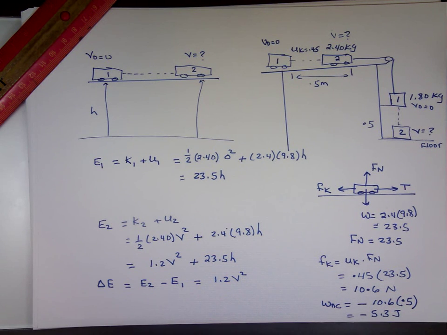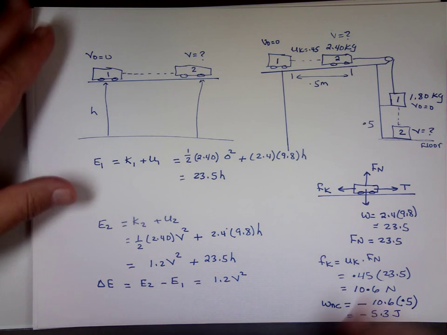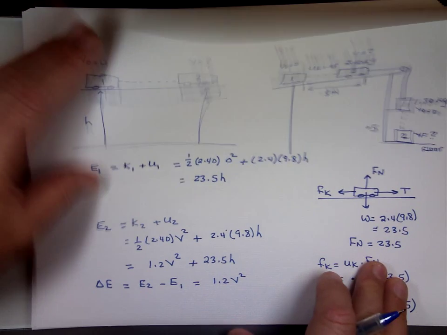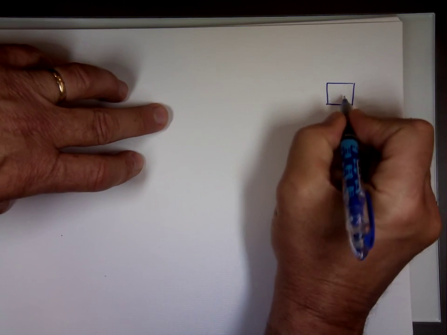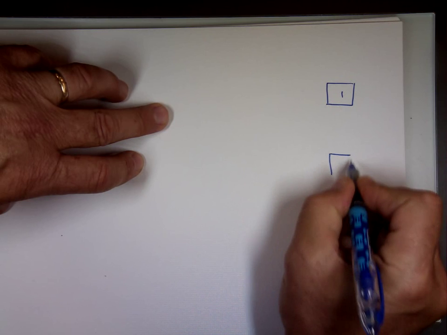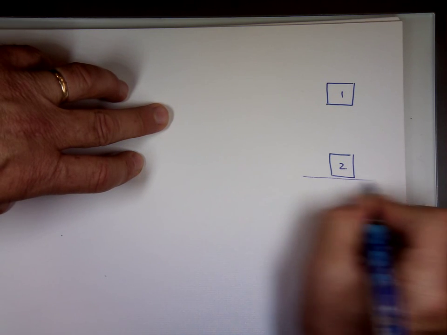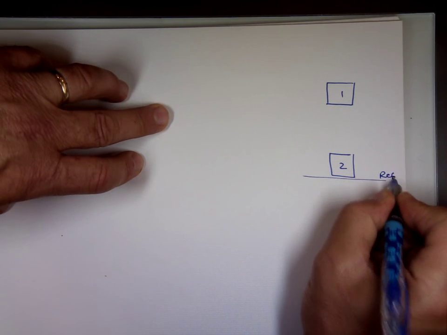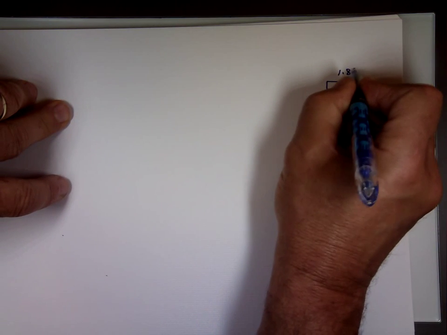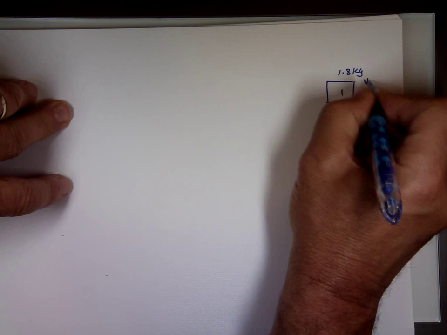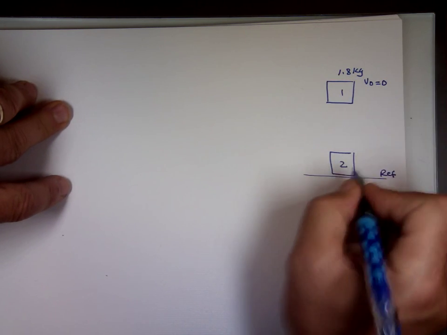Now the up and down: this is 1, this is 2, and I'm using this as reference. This has a mass of 1.8 kilograms, initial velocity equals 0, and I don't know the final velocity. I know the distance traveled is 0.5 meters.